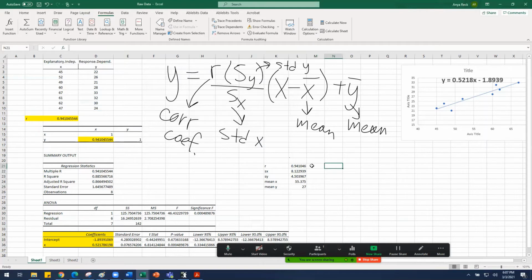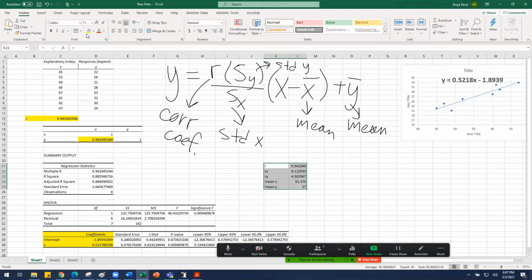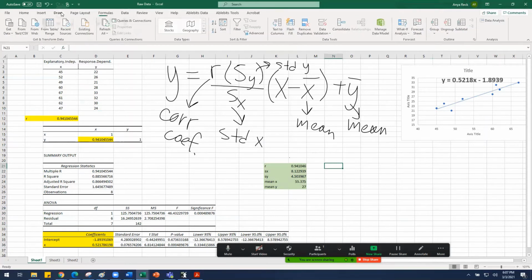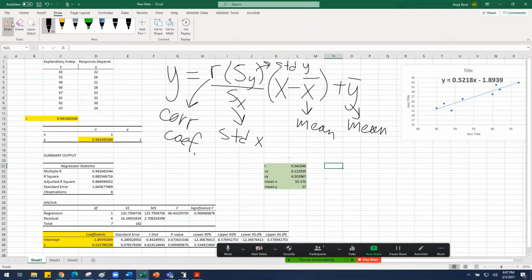Now that you have all these values found, you're going to plug these values into the formula. So it will be, let me get my stylus here, y equals the r value. I'm going to only take 3 decimal places.